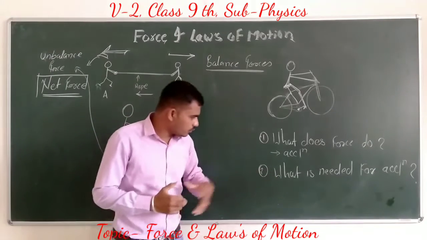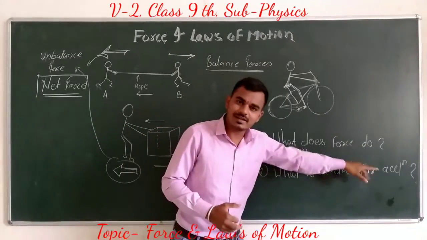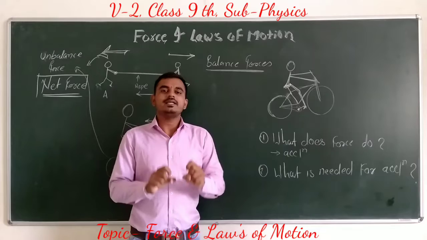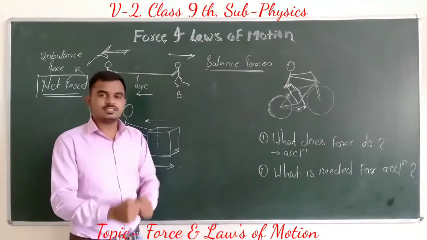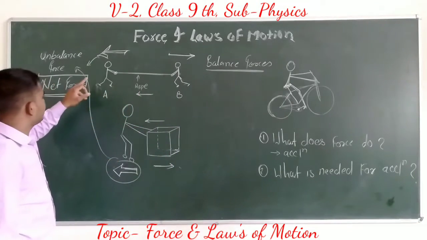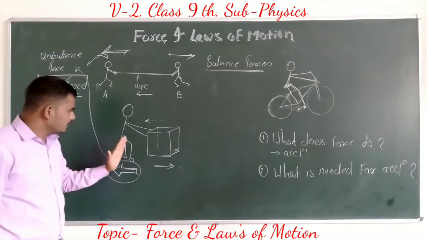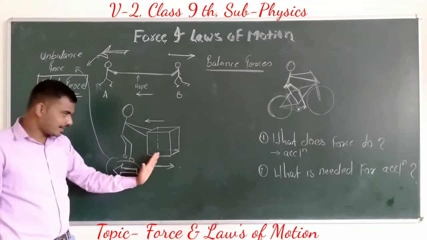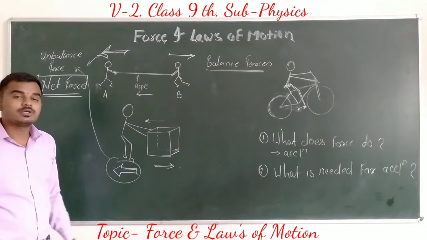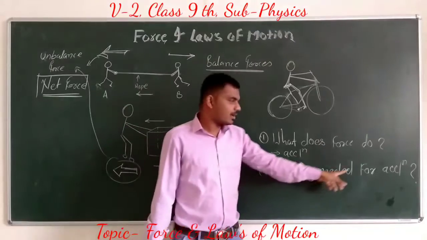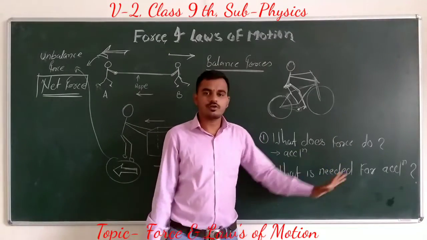So here is the second question. What is needed for acceleration? There is a net force. Net force is needed for acceleration. Here we apply the net force, it accelerates the rope. Here we apply the net force, it accelerates the box in that direction. So net force is required for acceleration.